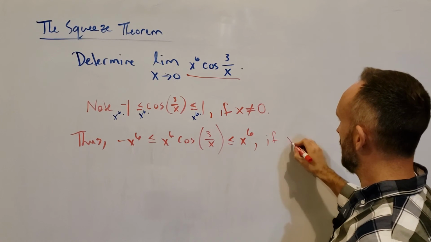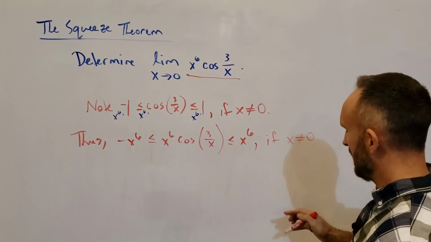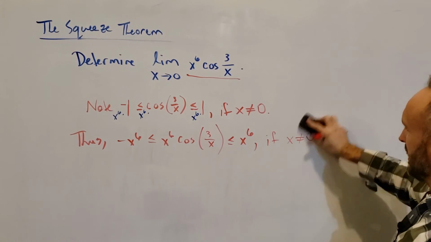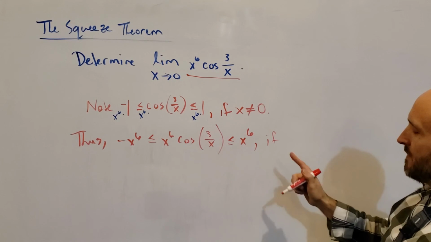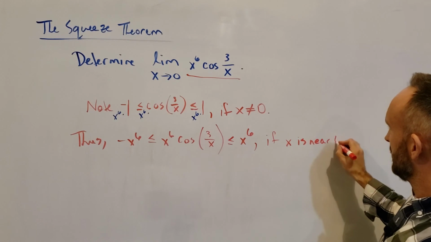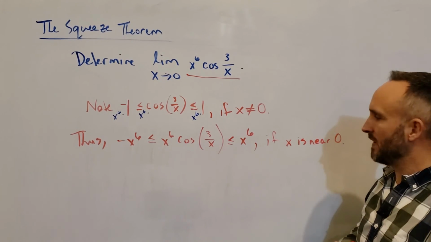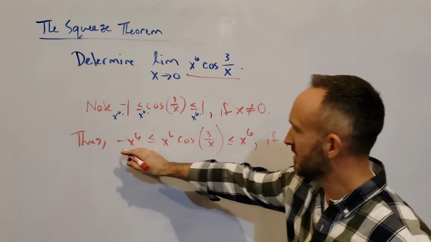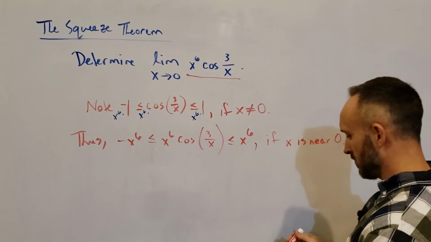And this is true if x does not equal 0. In fact, I'm going to erase the part where x does not equal 0, and I'm going to emphasize what we really need: if x is near 0, then this is true.